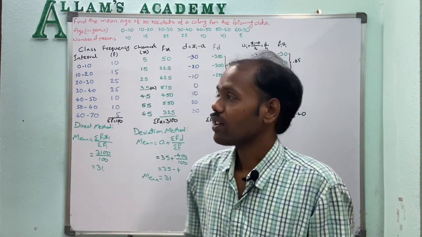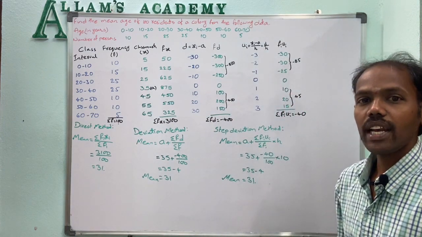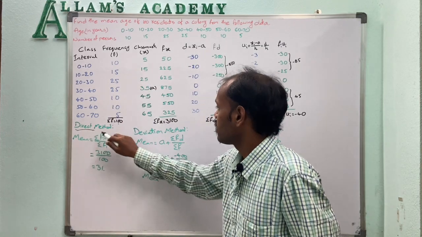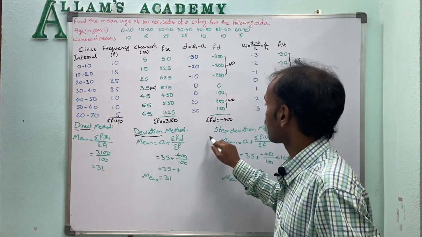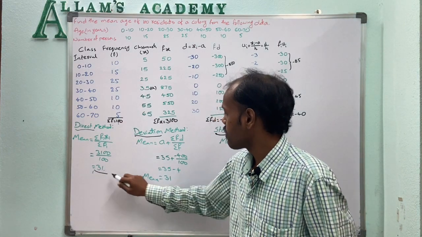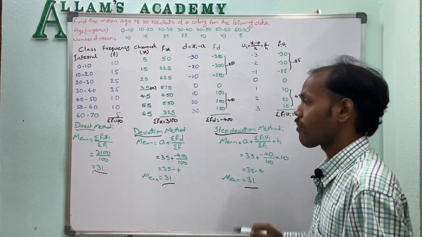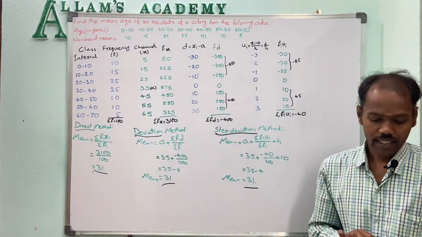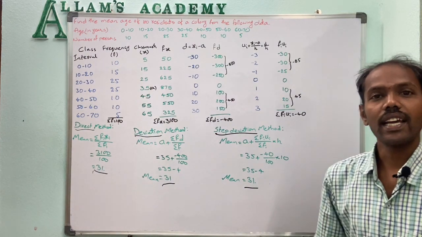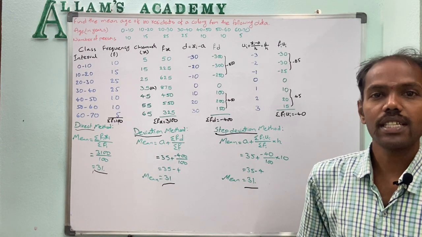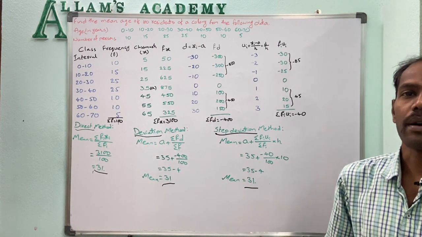So now we find the mean of the data through the direct method, the deviation method, or the step deviation method, and we get the same result. But in which case do we take which method so that we can solve the problem simply?